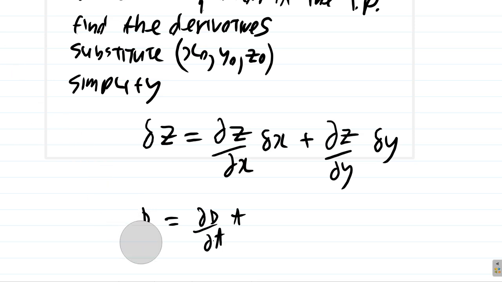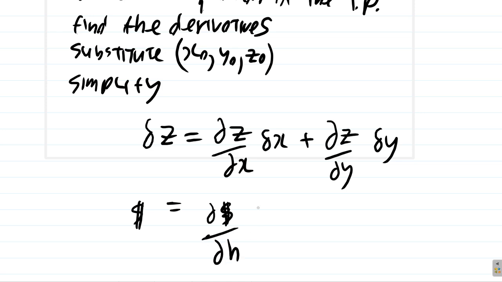Or you can also consider it as the amount of money that you collect is equal to the rate at which you are being paid per hour multiplied by the number of hours that you work, plus, and then you have another contract.